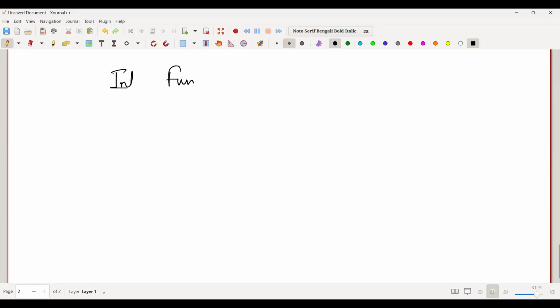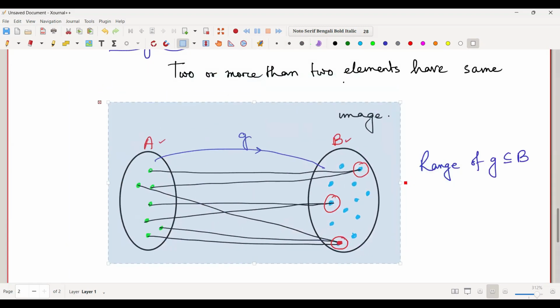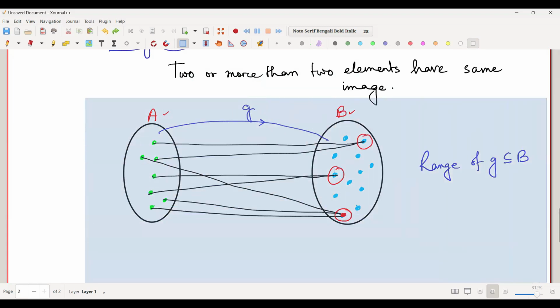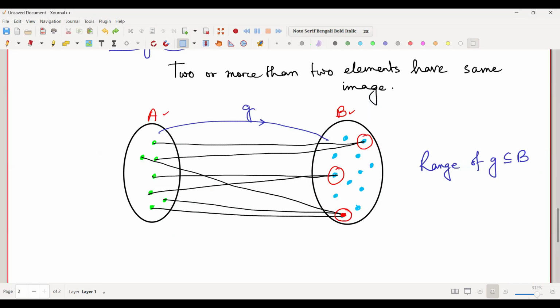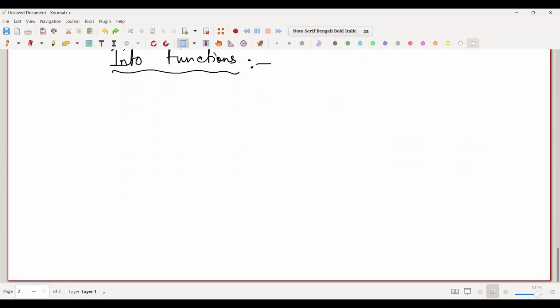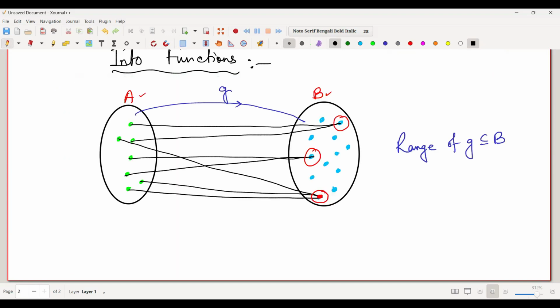First do into functions. This G function is an into function.